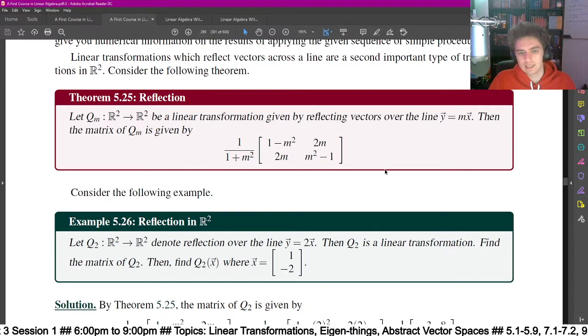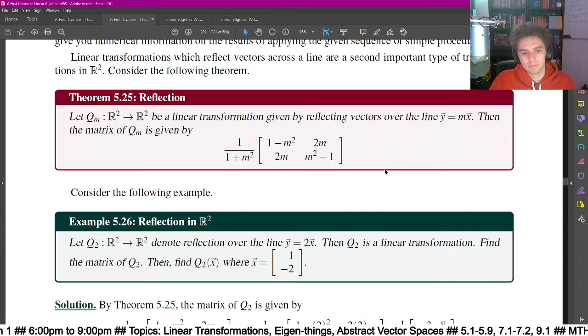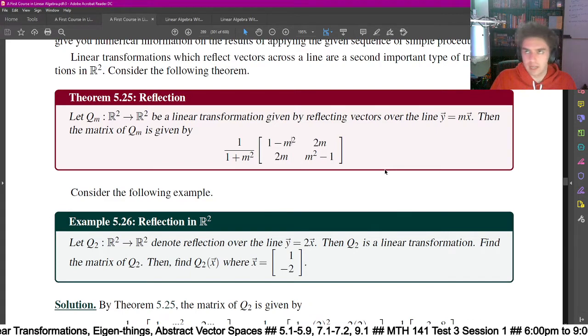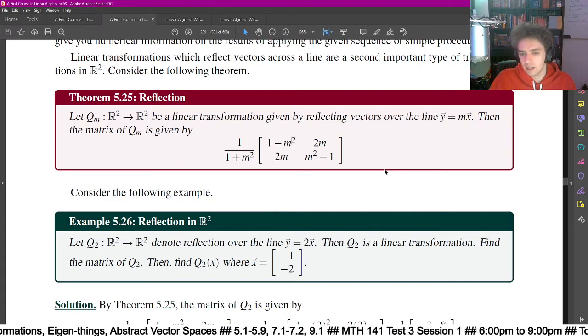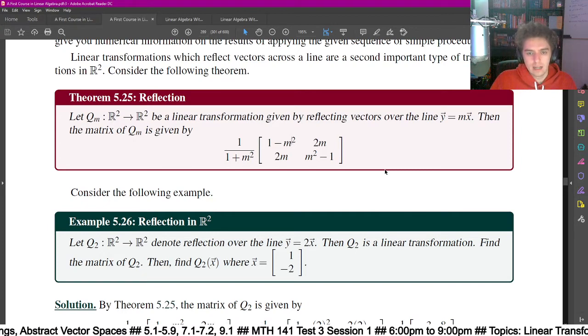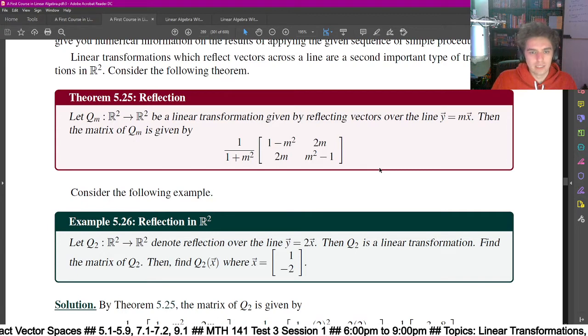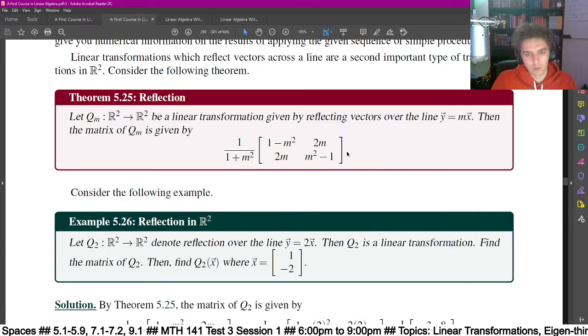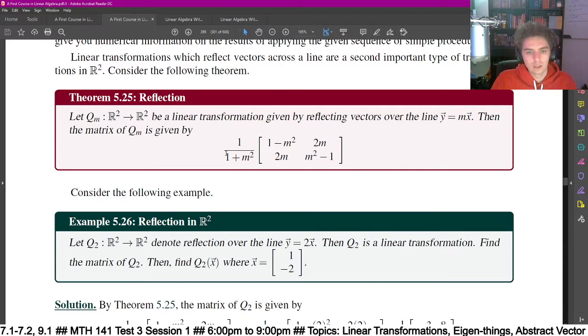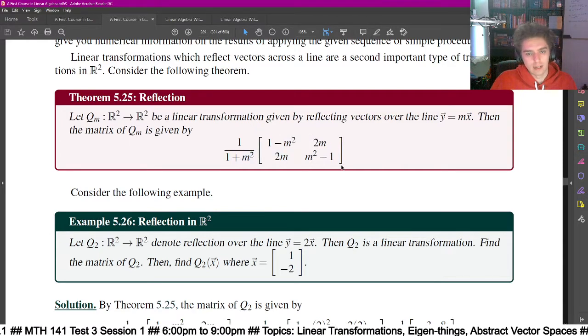But in R3, R4 and R^n, you just need more things to define a line. You need to give it more direction. So there isn't a nice formula like this for reflection. Maybe there is, but we don't know it yet. They didn't teach it to us.